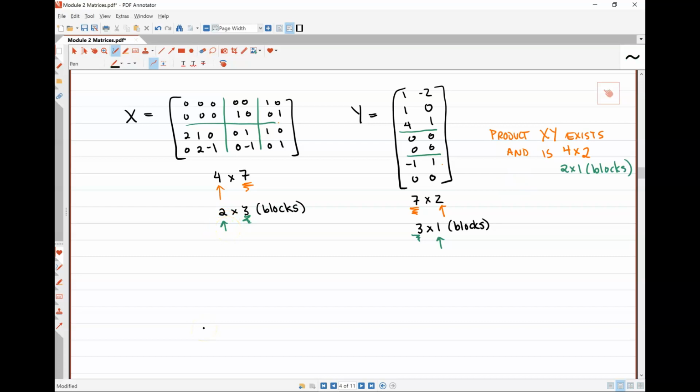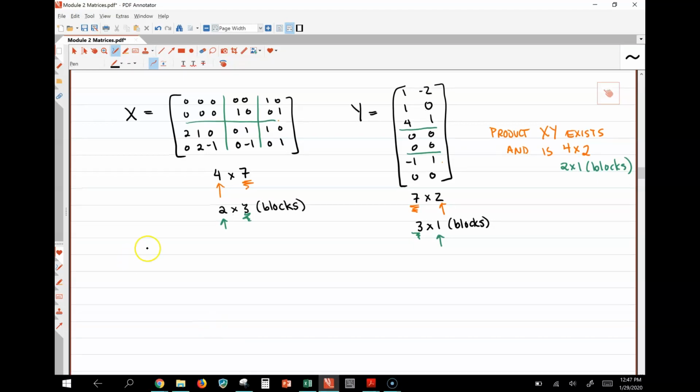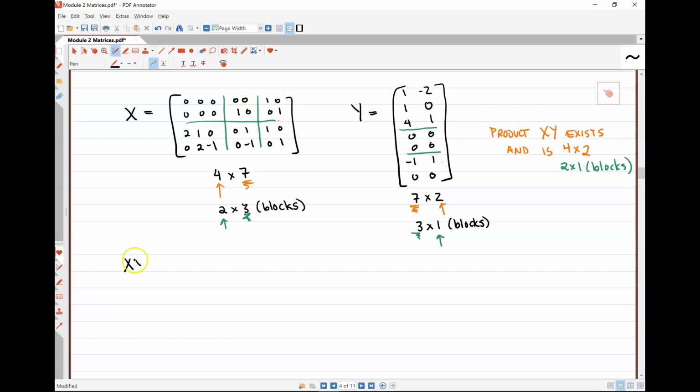So let's see if we can compute the product of x and y and make use of some of these submatrices that are of special types. I know that the product xy in terms of blocks is going to be 2 by 1. So I know that I'll have 2 rows and just 1 column. And let's write out what those are going to be.